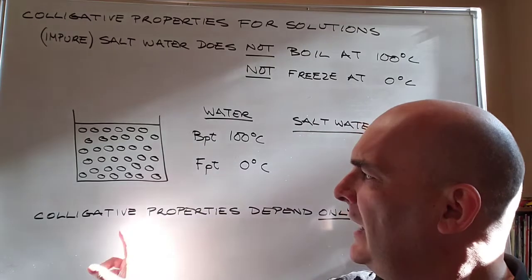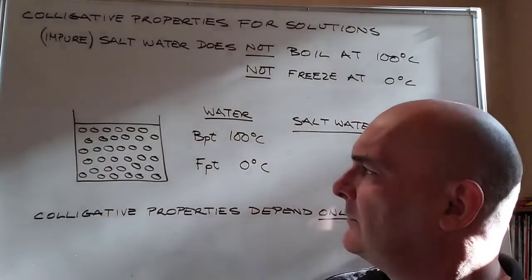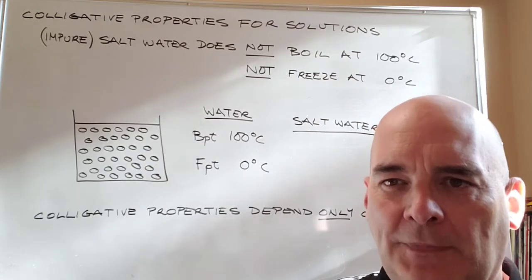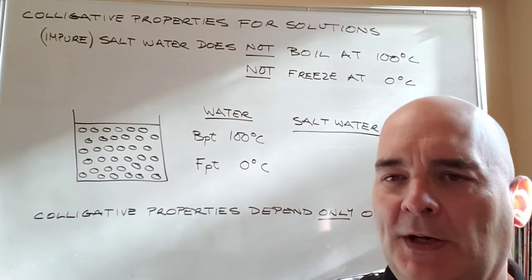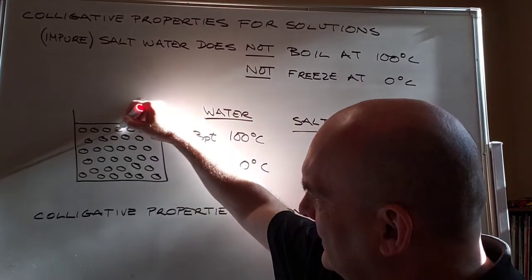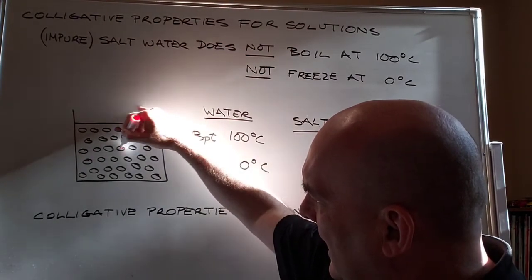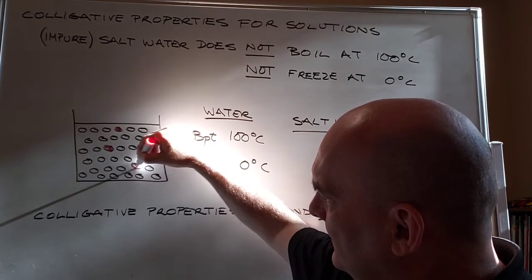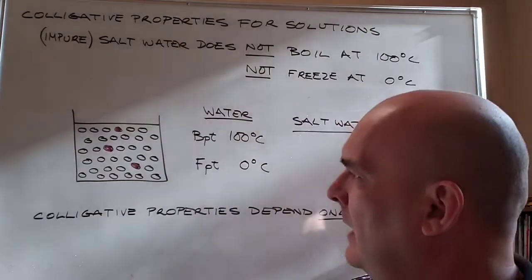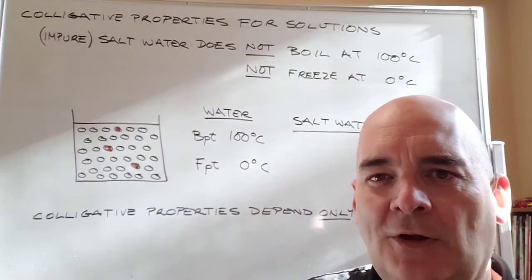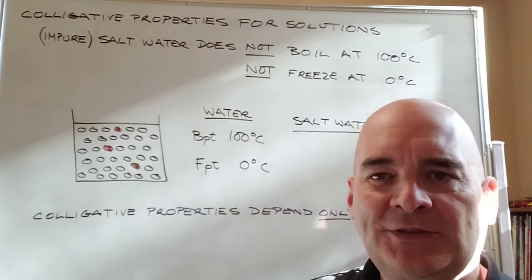So this represents a beaker with pure liquid. Each of the dots is a pure liquid particle. What I'm going to do is add some impurities. I'm going to add some red dots. And what happens now is that those red dots just act like spacers.